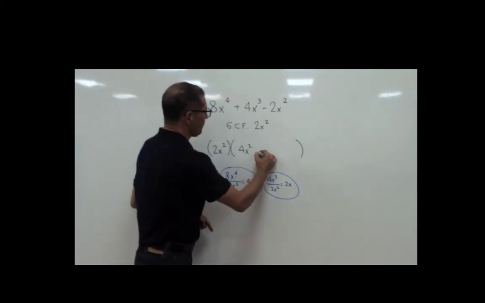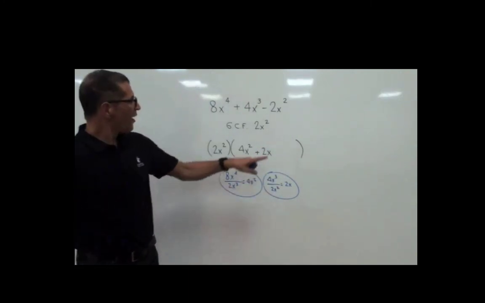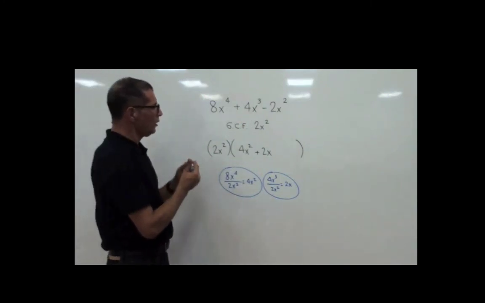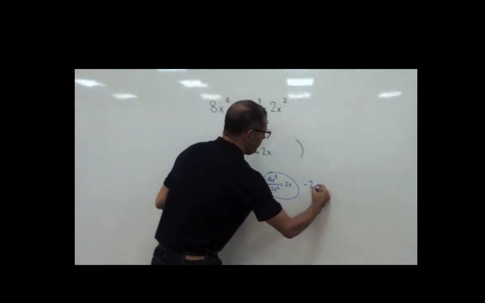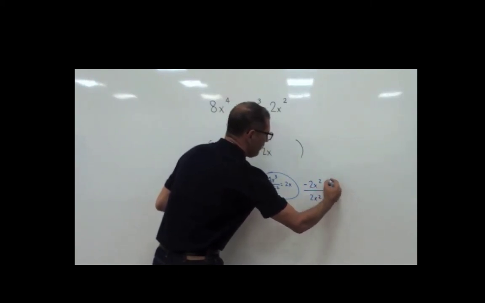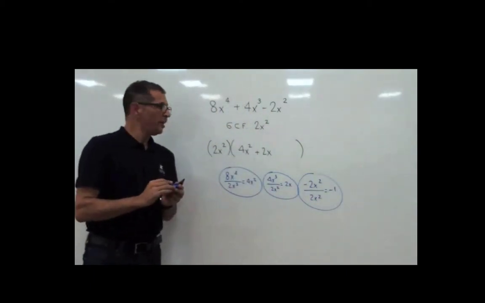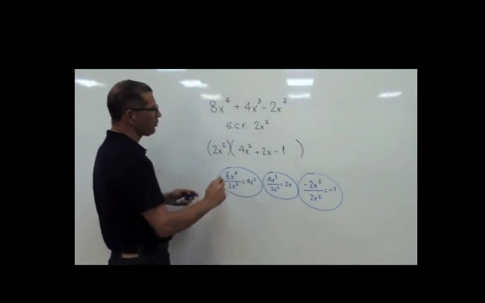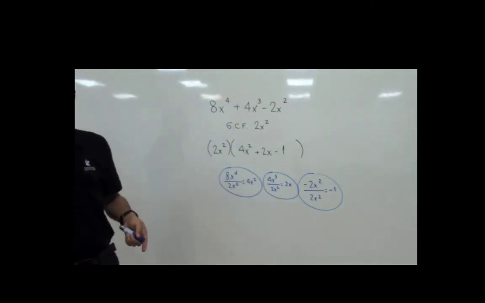So the term that goes inside is 2x. And finally, let's divide this term by this one here. Negative 2x squared divided by 2x squared equals negative 1. So the last term that goes inside this factor is negative 1.